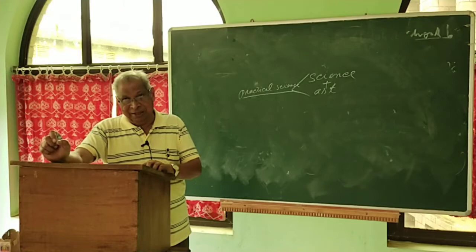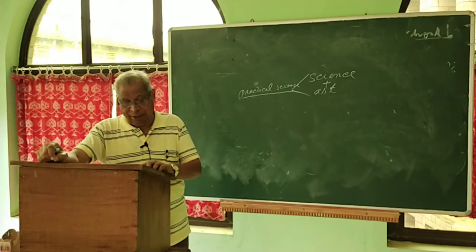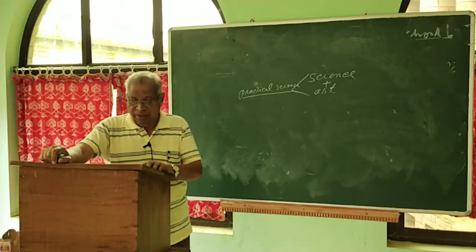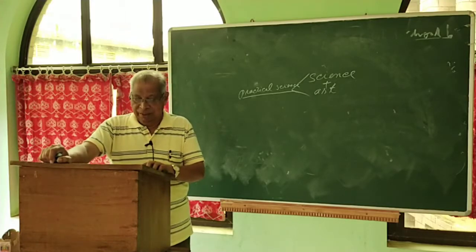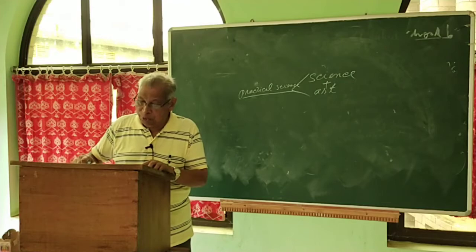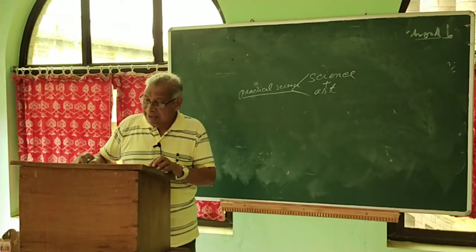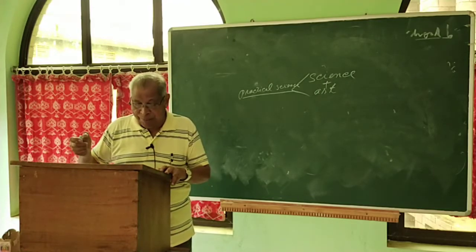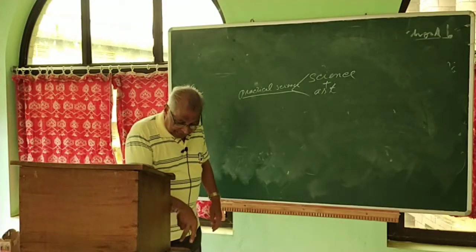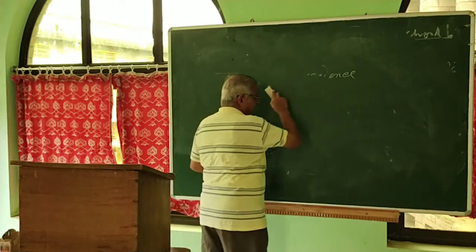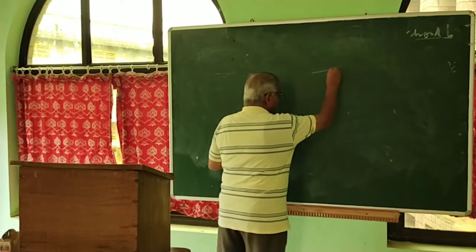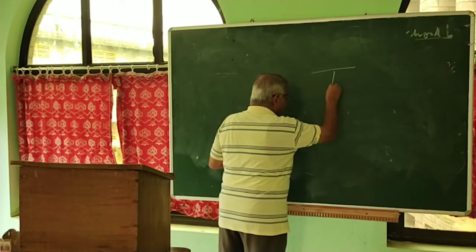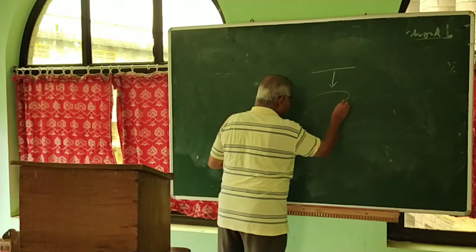Now, the expression reasoning, we have already used several times in our day-to-day conversation. What is reasoning? Reasoning refers to the process of passing from something known to something unknown. Something is known, and from this I am arriving at something that is unknown.